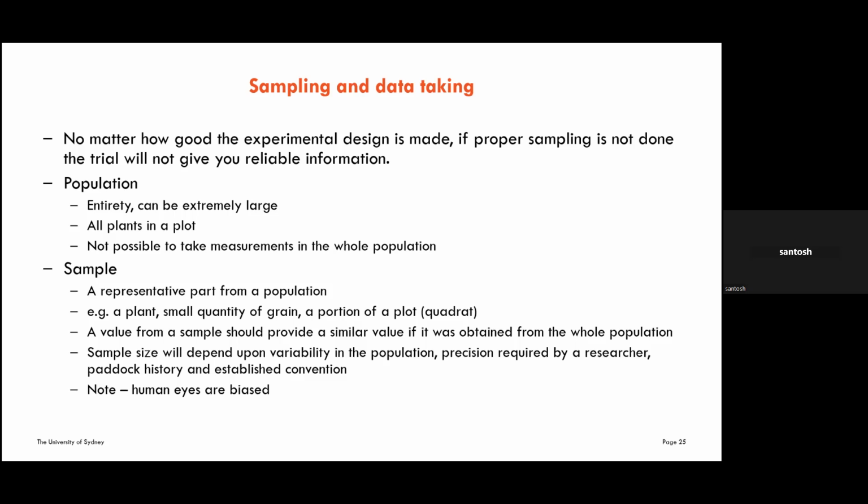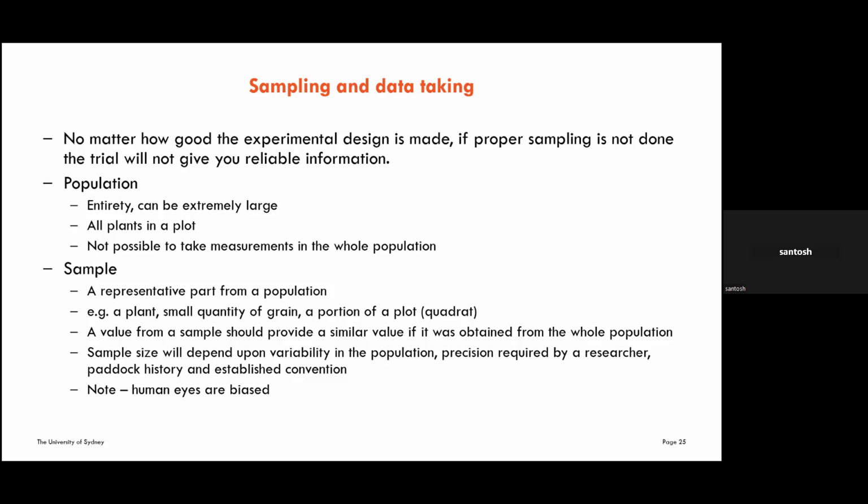So what do you do? You take a sample of the seed, just a handful of grains, at least 100 grams. Then you count those grains and take the weight of that.